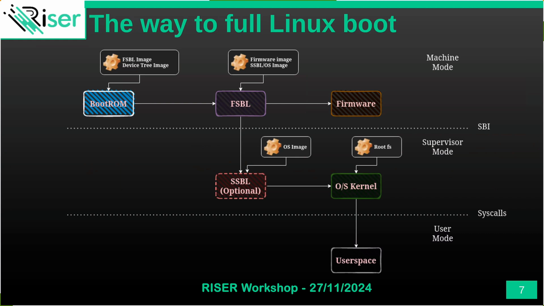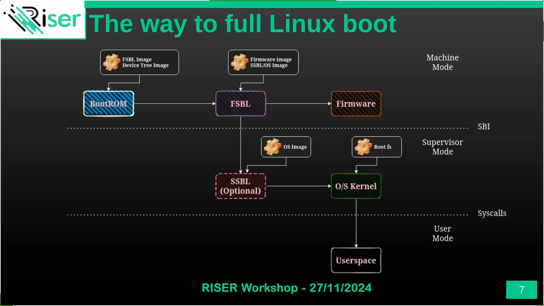But booting Linux is a complicated process. So here is a generic approach. Your boot ROM will start, it will fetch the device tree image, or it will already have the device tree image included. It will fetch the first stage bootloader from somewhere, usually an SPI flash, for example.